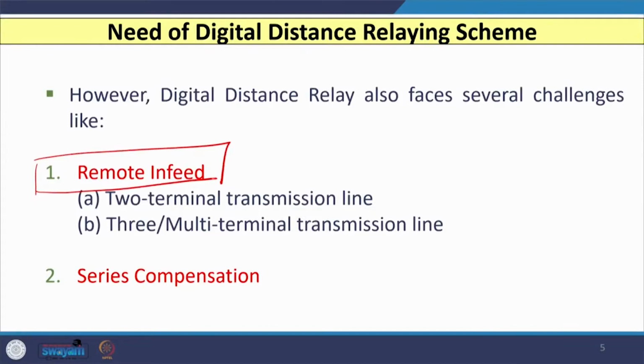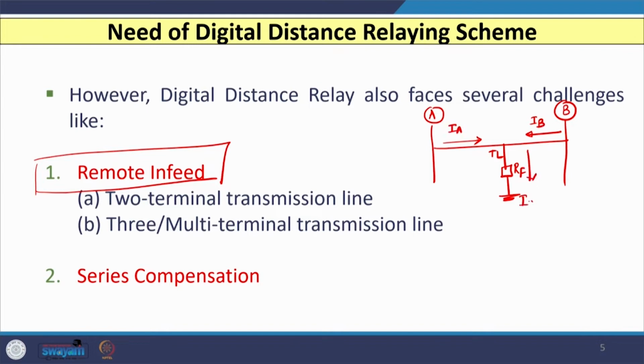When you have a bus and a line connected to another bus, this is my transmission line, and if a fault occurs at the middle of the line with or without a value of RF, then the fault current IF will be a combination of two currents, the local current IA and the remote current IB.